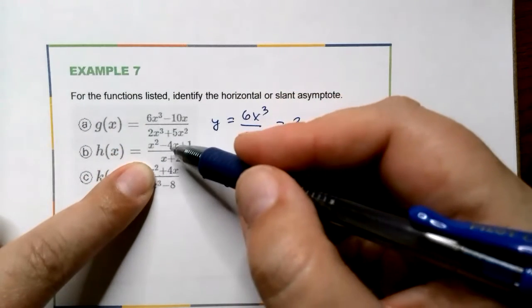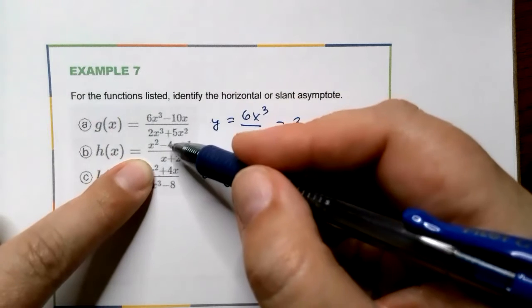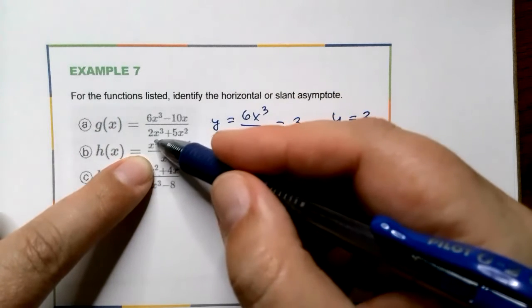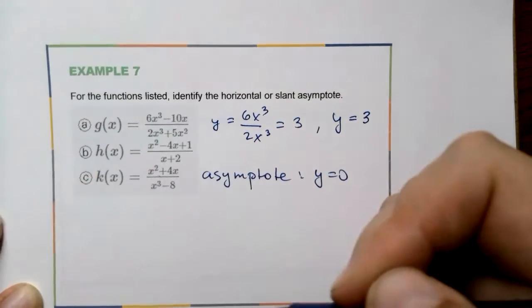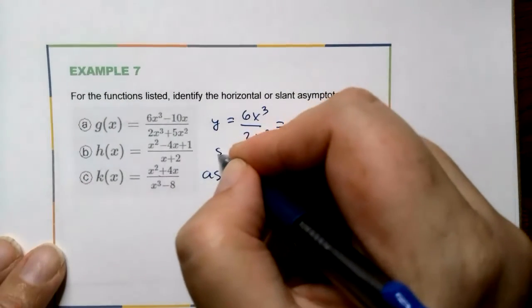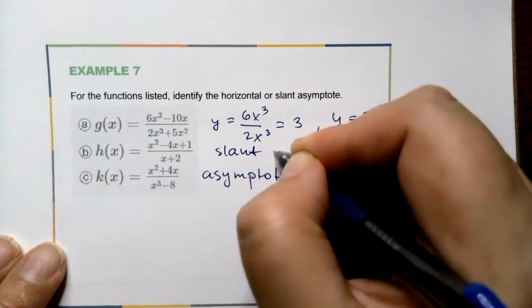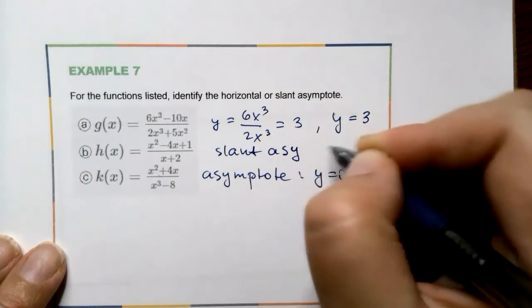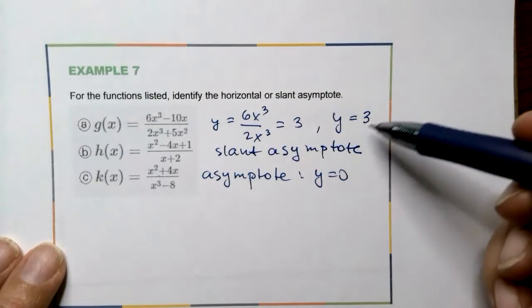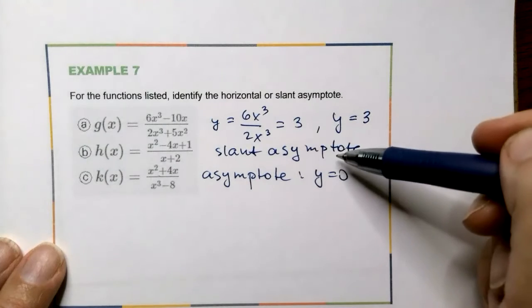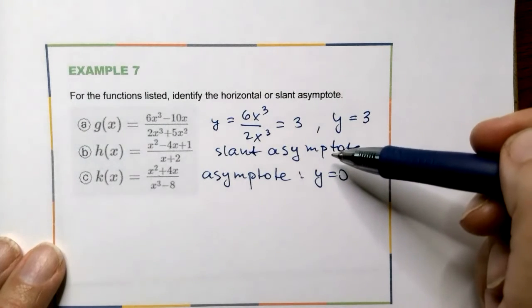Now, in the case of h, the degree of the numerator is bigger than the degree of the denominator. So this one is going to have a slant asymptote. So guys, your graph could have either a horizontal or a slant asymptote, not both.